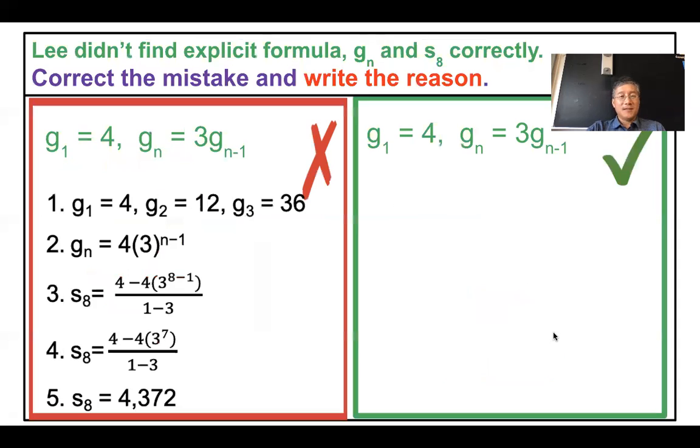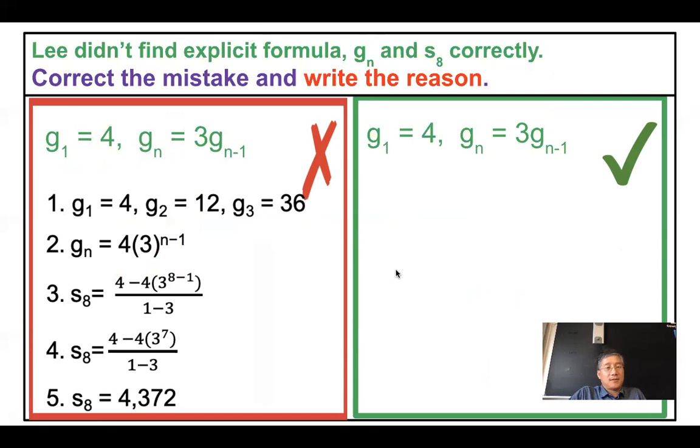And can you see what is the error here? Can you find the error and correct the mistake? First term is 4. Oh, this is a recursive formula. G of n equals 3 times the previous term. So when you get the next term, you multiply by 3. So what is the common ratio? Common ratio is 3, right?